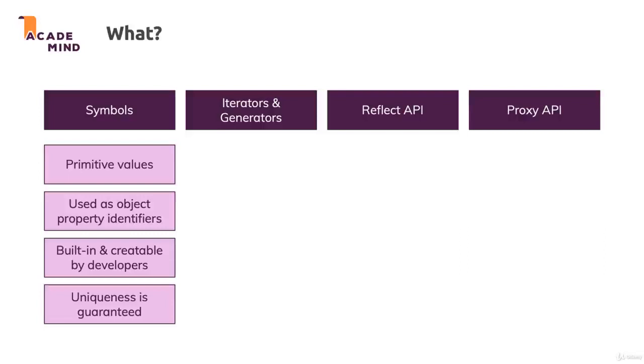So you can use symbols to add a key, to add a property to an object where you know that this name won't exist there yet, because if you just created the symbol, it will be unique, and you can't overwrite an existing symbol of the same name there, because every symbol is standalone and unique, and that's the biggest feature of symbols. Now let's see how we use them and what this uniqueness actually means.